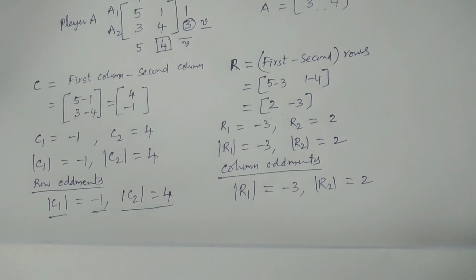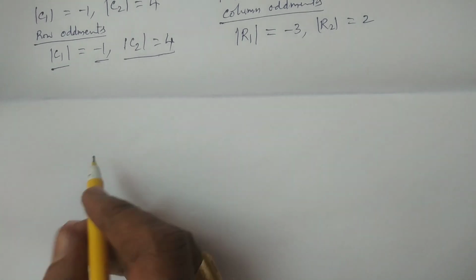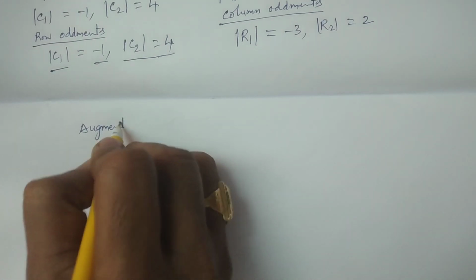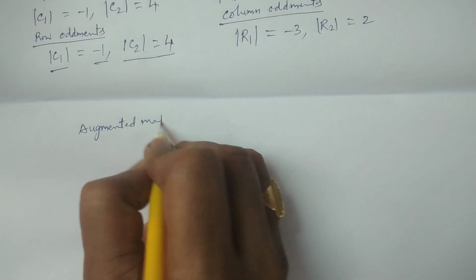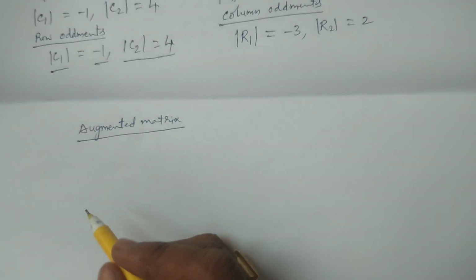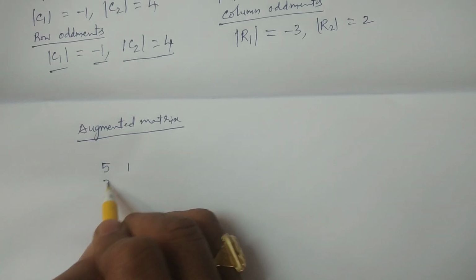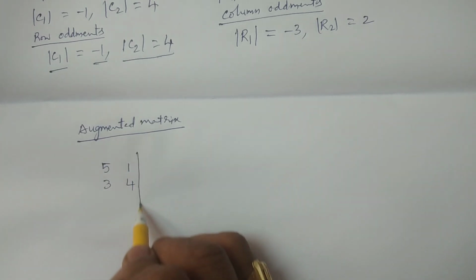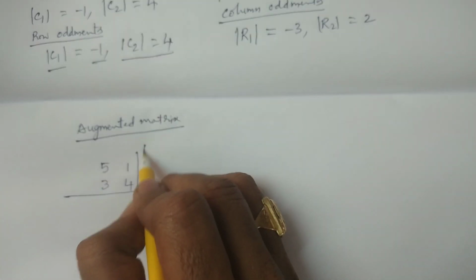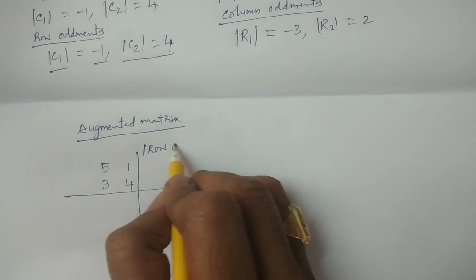Clear? Now what you have to do is formulate an augmented matrix. You note down the values of the matrix, 5, 1, 3, 4, and against that you write the modulus of the row oddments against the rows.